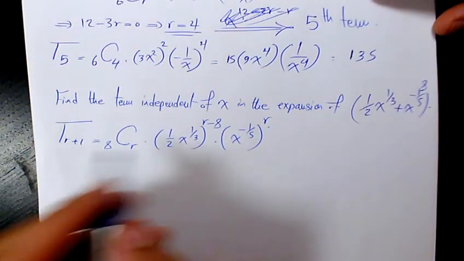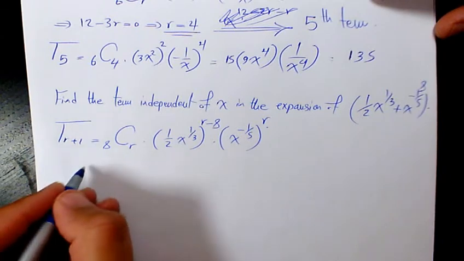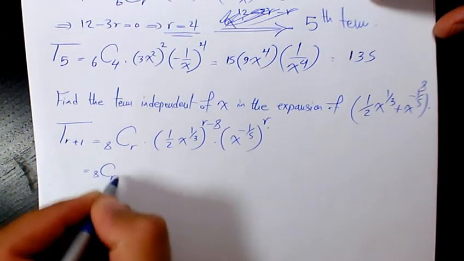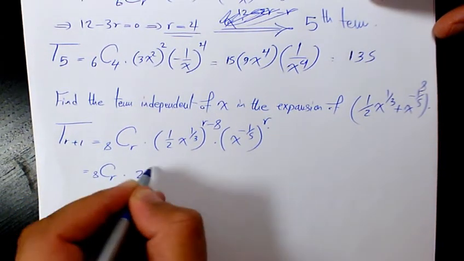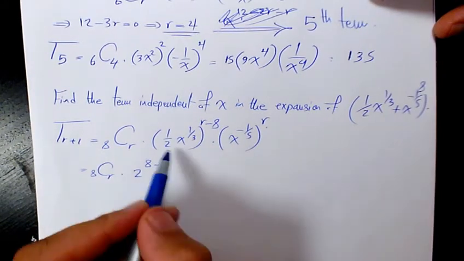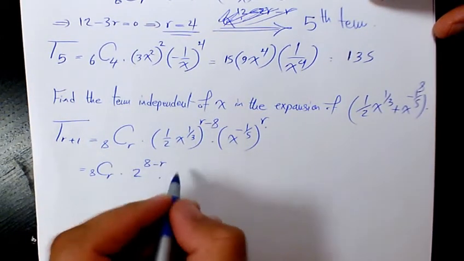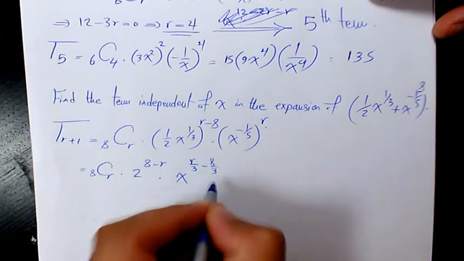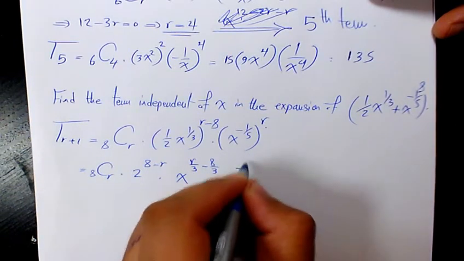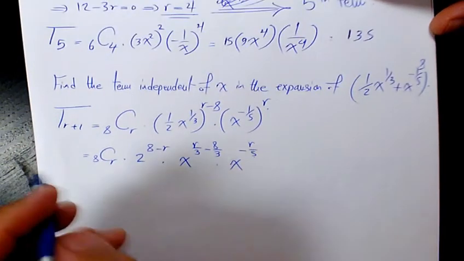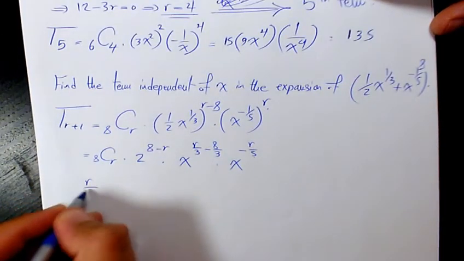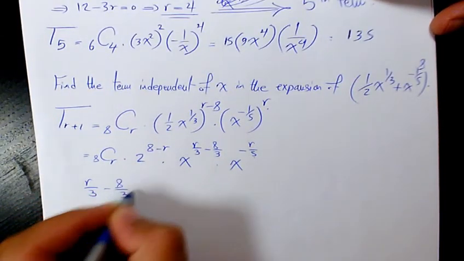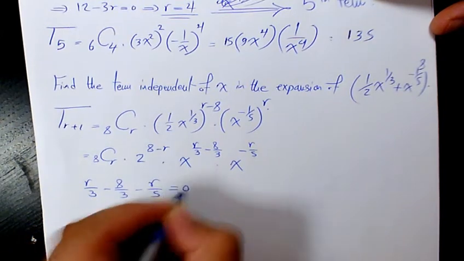That's going to be 8Cr 2^(r−8), because I inversed it, x^(r/3 − 8/3) x^(−r/5). So that's r over 3 minus 8 over 3 minus r over 5, supposed to be 0.